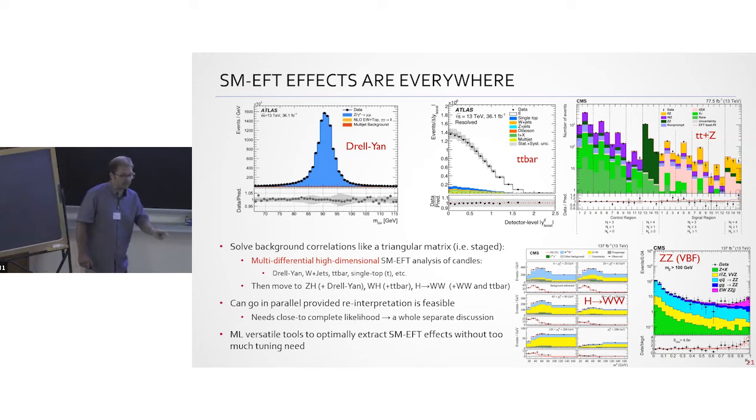There is a Z boson, which was the first thing we saw, and after seeing that, you get some idea about the backgrounds, and then you can do a search. Here we need to do the same thing. We need a high-dimensional SMEFT analysis on the boring standard model candles: Z, tt bar, and WZ. These are completely pure. You have no background correlations, and these are the things that we need to have.